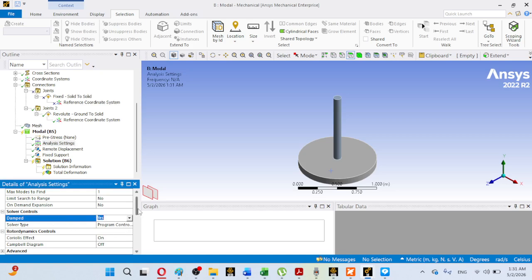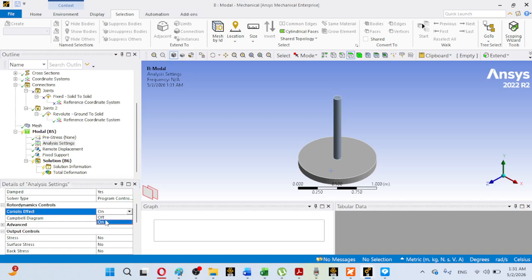And in the rotordynamic control, there is the Coriolis effect, so you will set it to on, or it doesn't affect our analysis, you can leave it, or as a precaution you can set it on.